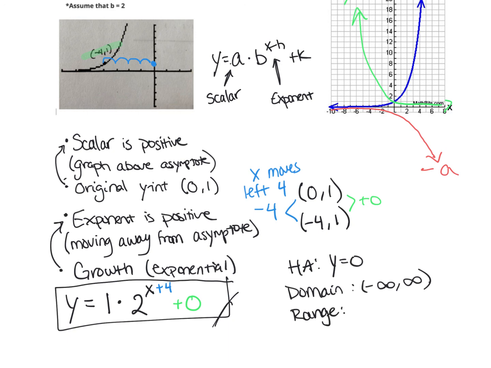So if we look back up to the graph, we will see that, hey, we have an asymptote right here, and our graph is above that asymptote. We already determined that about the scalar. So since our graph is above the asymptote, our range is going to be from whatever our horizontal asymptote is to infinity. If it was below the asymptote, then it would be from -infinity to whatever our asymptote was.